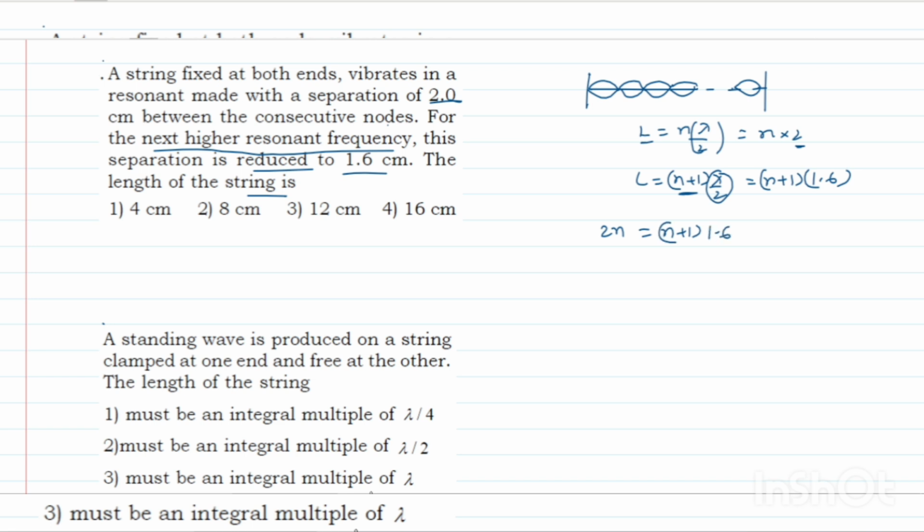When you are simplifying this, 2n divided by 1.6 gives 0.8... here n equals 0.8n plus 0.8.